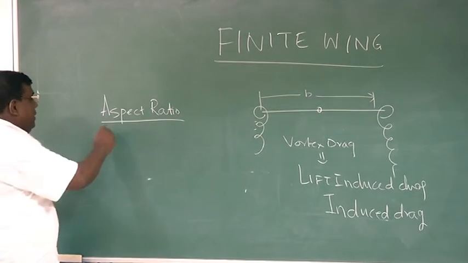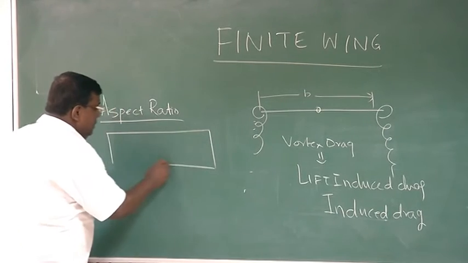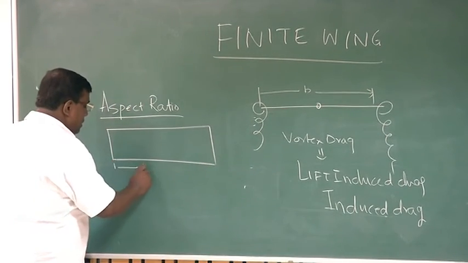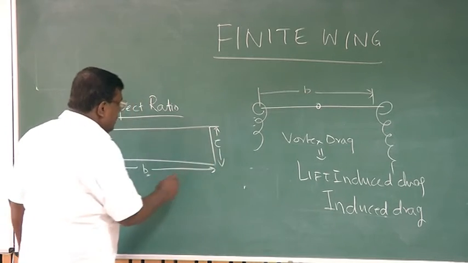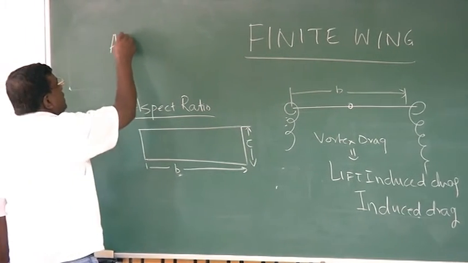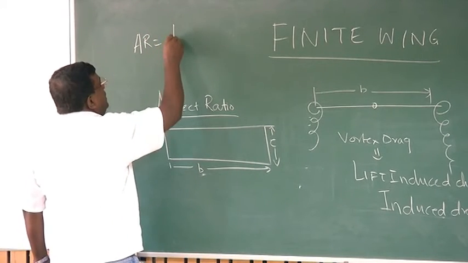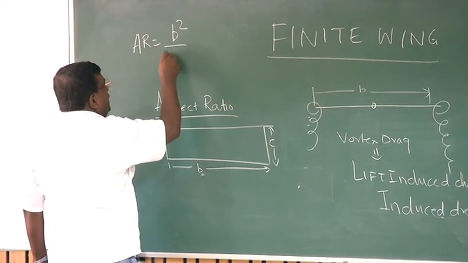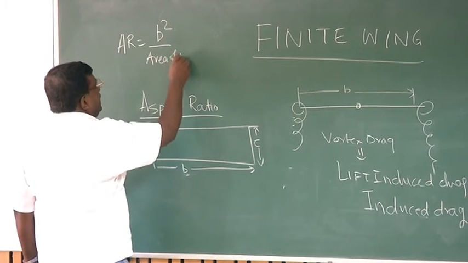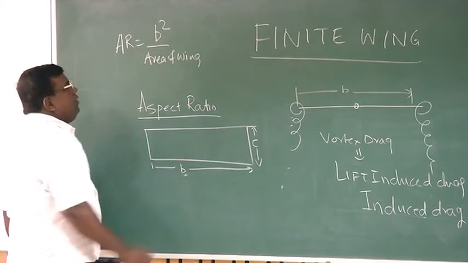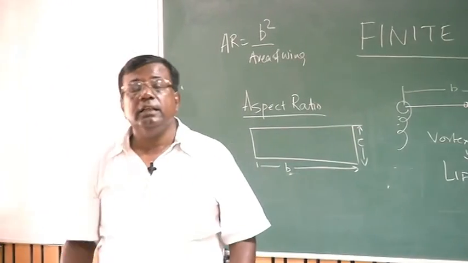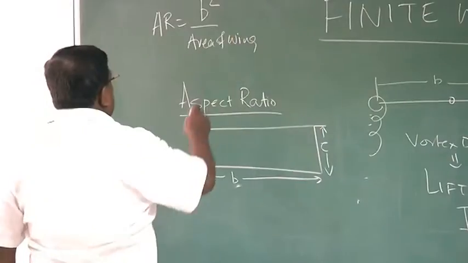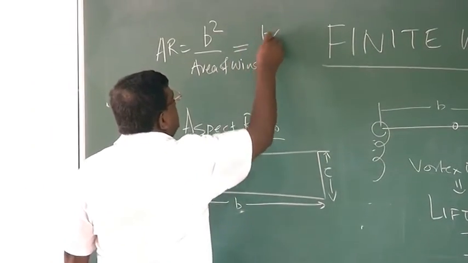If this is the span, and this is the chord, then aspect ratio was defined as B square by area of wing. That is the aspect ratio of the wing. If I want to calculate aspect ratio of the tail, then tail span square by area of the tail, right? For a rectangular wing, it becomes B by C.